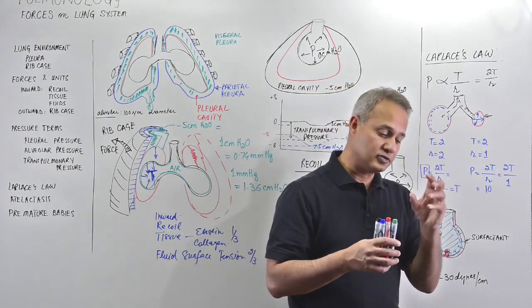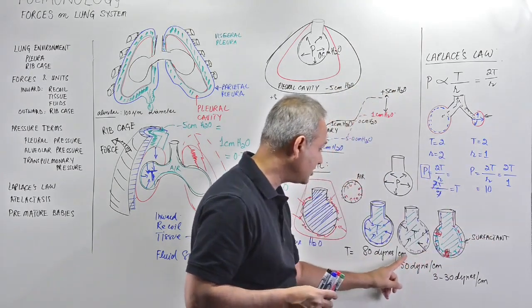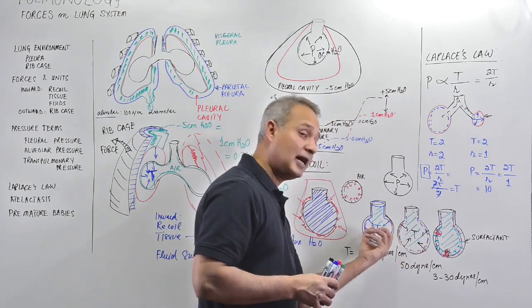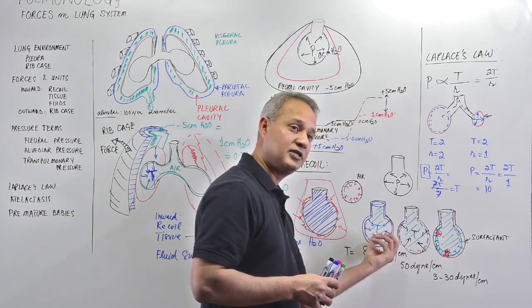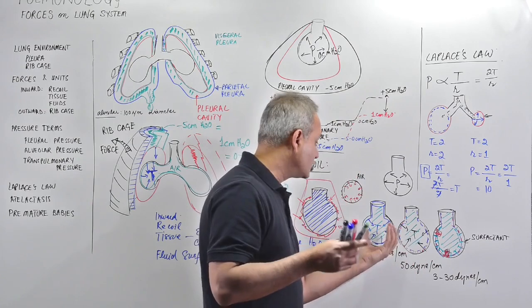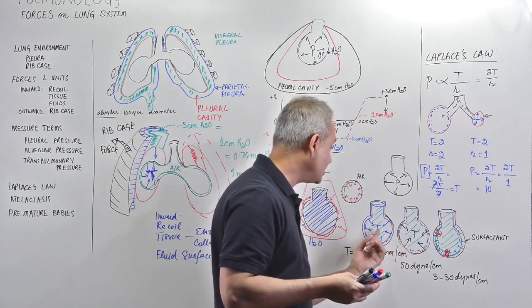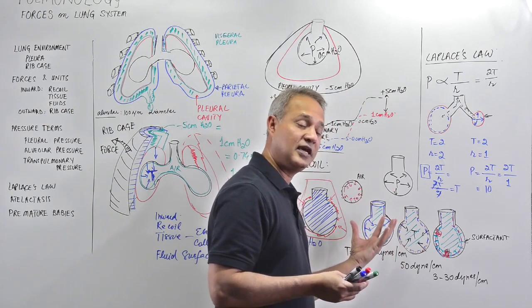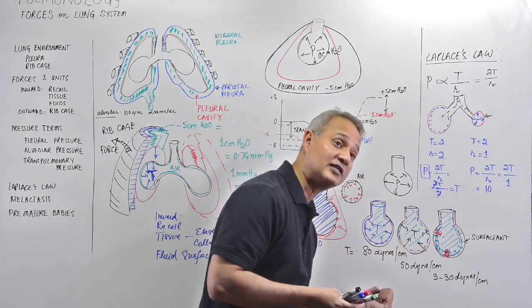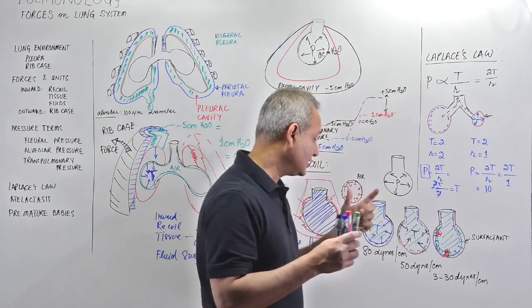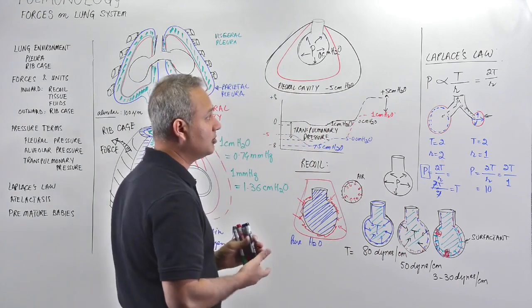Both of those: reduced surfactant means higher surface tension to collapse the alveolus, and smaller alveolar diameter means higher pressure to exit the air from it and to have difficulty filling it. It cuts both ways.